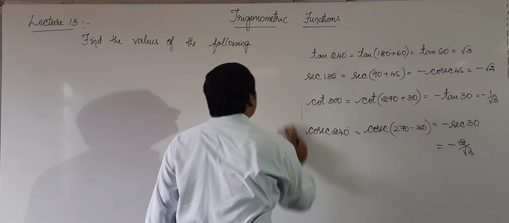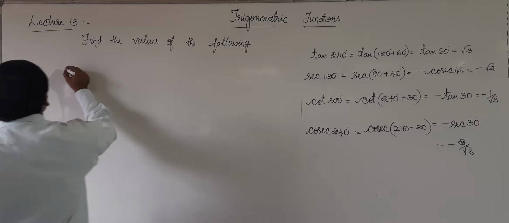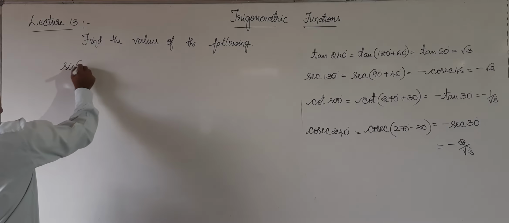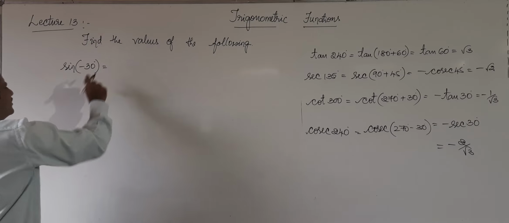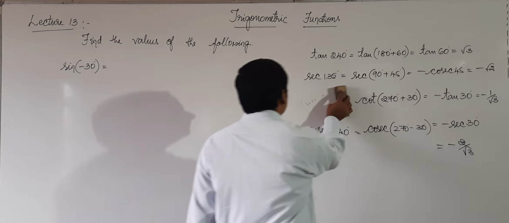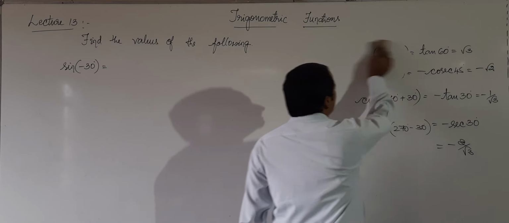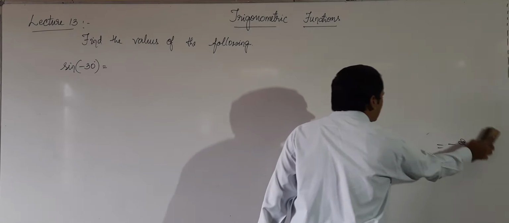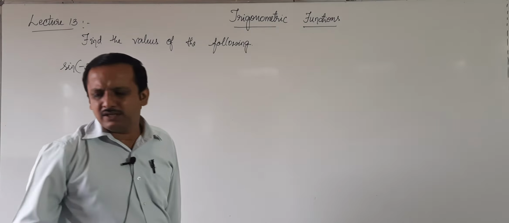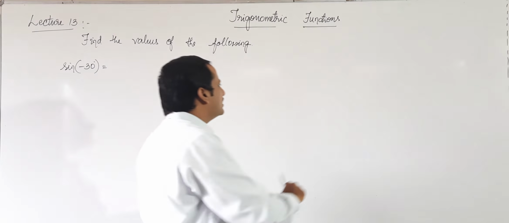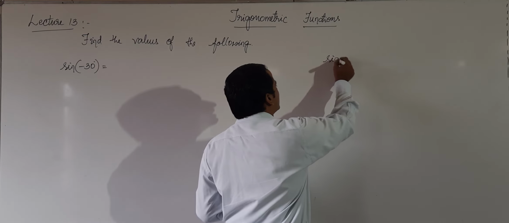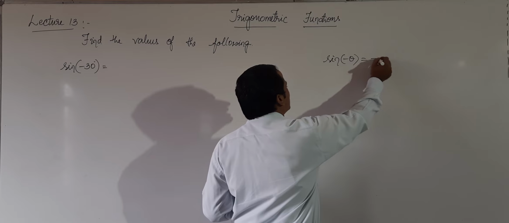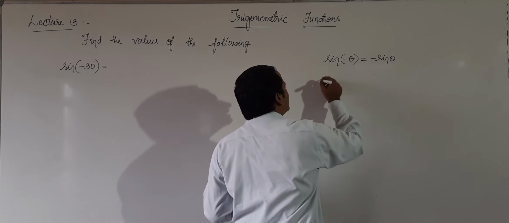Sine of minus 30 degree. You know one formula, sine of minus theta. Yesterday I have discussed it. Sine of minus theta is equal to minus sine theta.